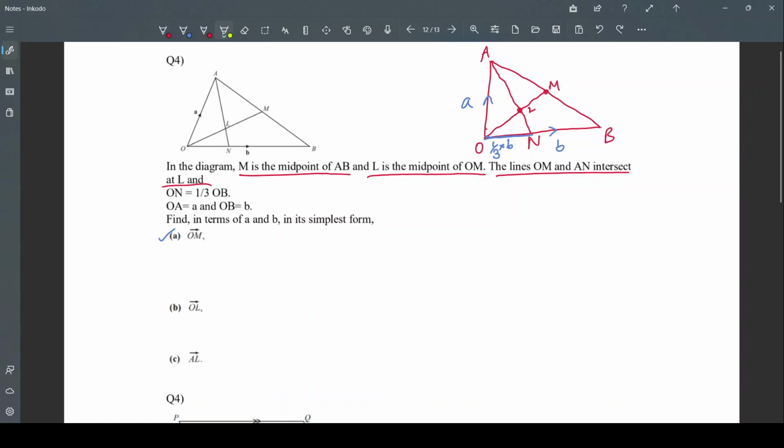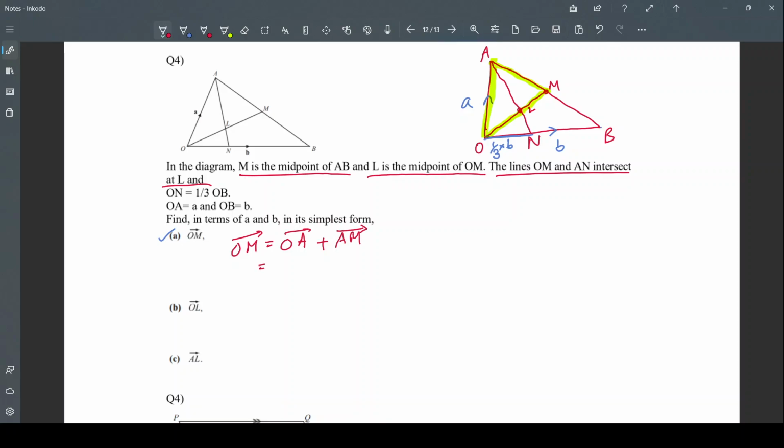If I want to go from O to M, I need to trace a line. I'll take OA first, which is already known. Then I'll take the AM direction. So OM equals OA plus AM.